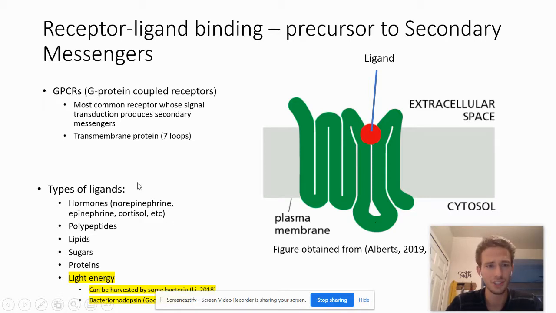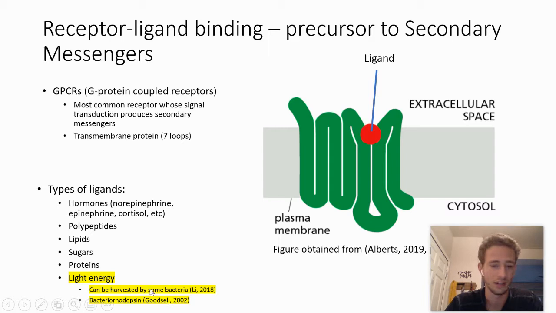Now, as I mentioned, this is the beginning stages of secondary messenger synthesis. This is the initial information that is received by the cell. And one really cool thing that can happen is actually in bacteria, you can study this on your own. This is in the reference page of the very last slide. Bacteria, some archaea specifically, have a protein, a G protein, called bacteriorhodopsin. And it actually binds to a photon, which is a unit of light.